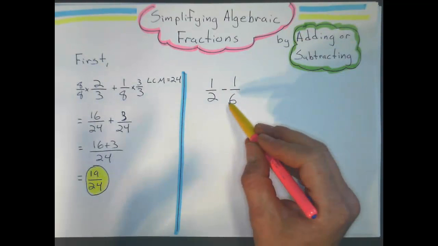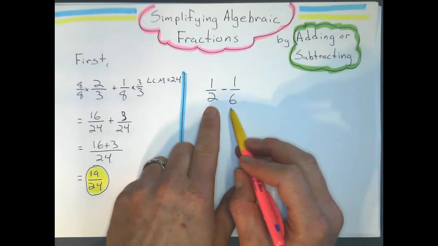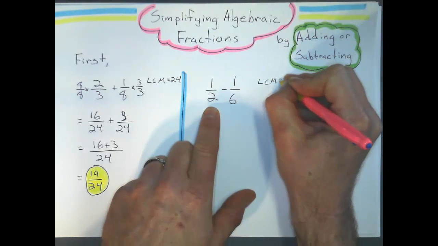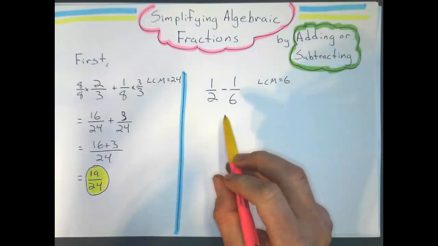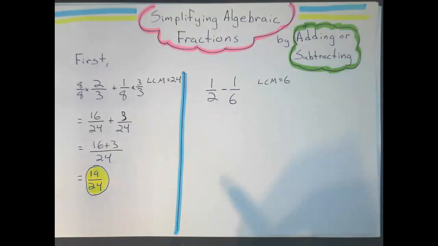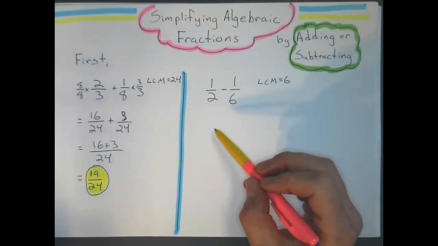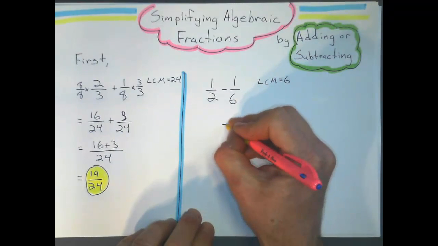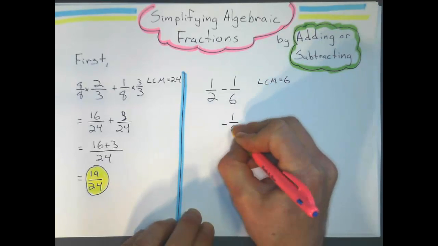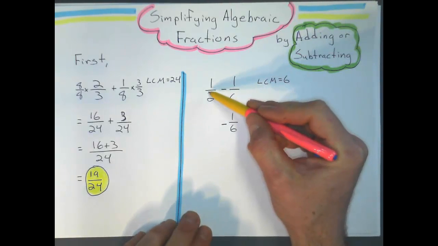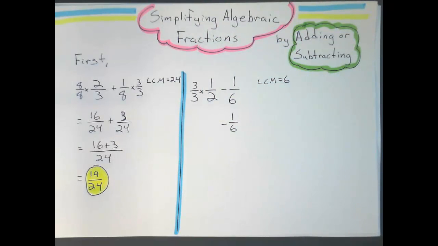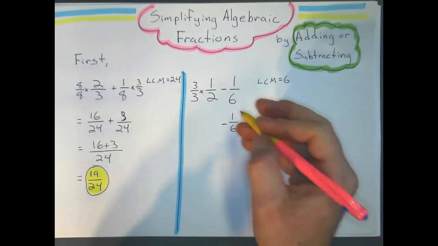Find the least common denominator. In this case it's not 12, the least common multiple is 6. If I listed out those multiples, that would be the smallest one they have in common. So I rewrite each fraction so it has that. 1/6 already has it, so I don't need to rewrite it. I change 1/2 to a fraction out of 6 by multiplying it by 3 over 3 to get 3/6.